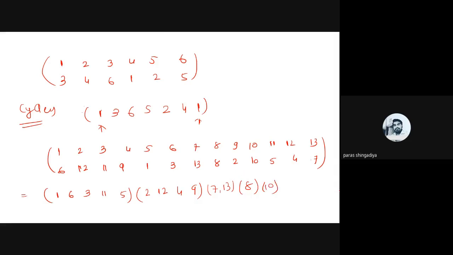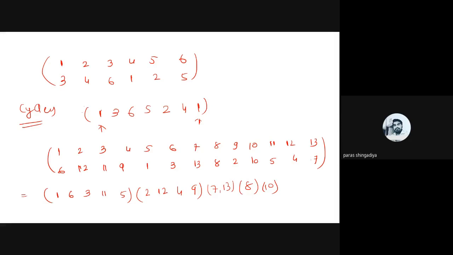From this cycle, we move to transposition.